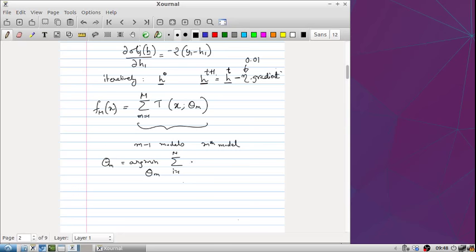Of a loss of yi, comma, the M minus 1 models, let's call this summation f m minus 1 of x, plus the last, the mth model, which is T of xi comma theta m.